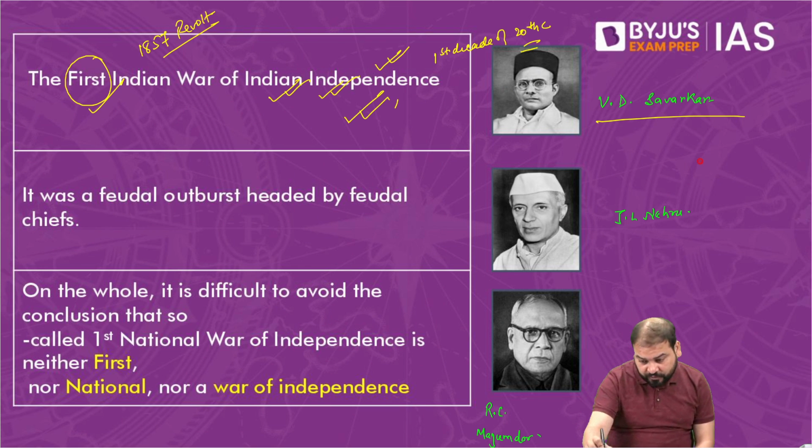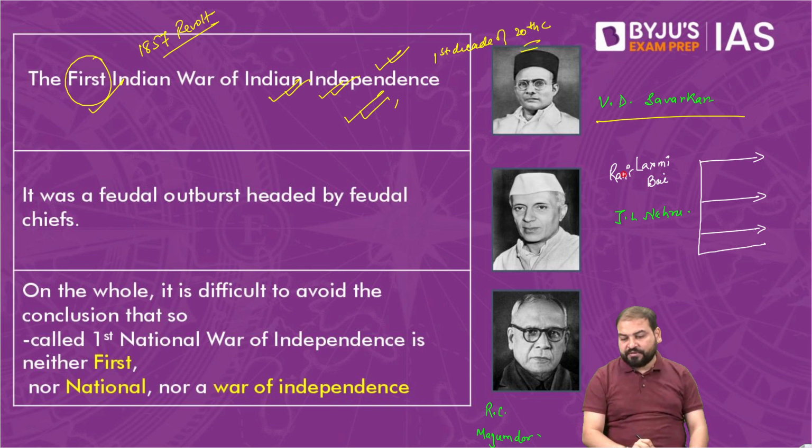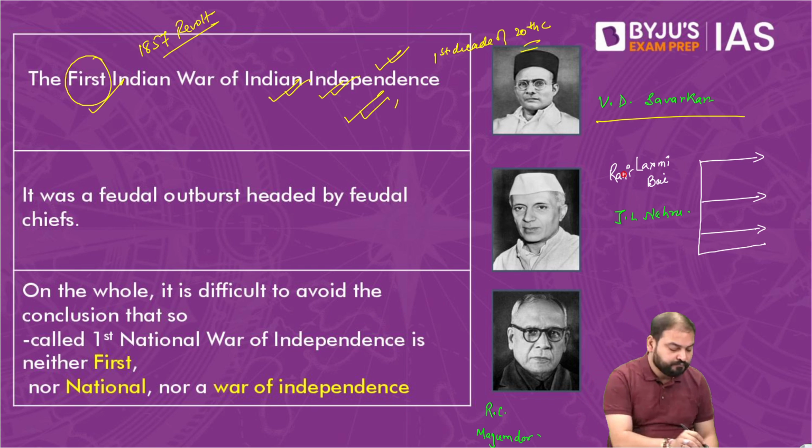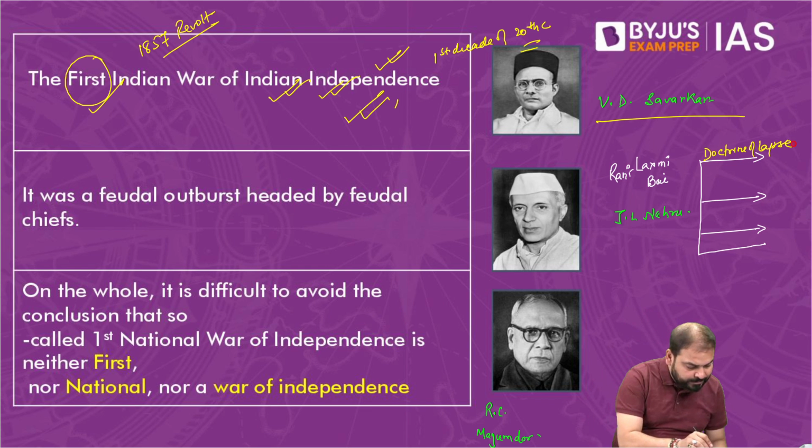Nehru, all of you, see here. Tell me, everyone, why was Rani Lakshmi Bai fighting? Because under the doctrine of lapse, her state was taken.